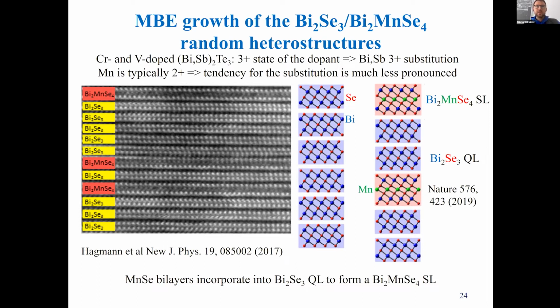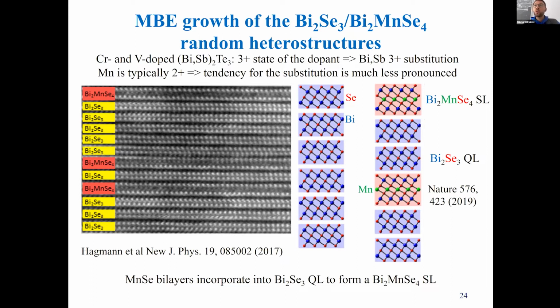Actually, I will show something similar, but not exactly the same, in the following slides. But following back your line of thought, if you sandwich two semi-infinite systems, one of them being bismuth telluride, another one being manganese bismuth telluride, that would be very interesting to see what would happen.